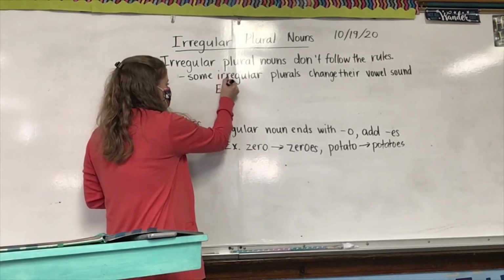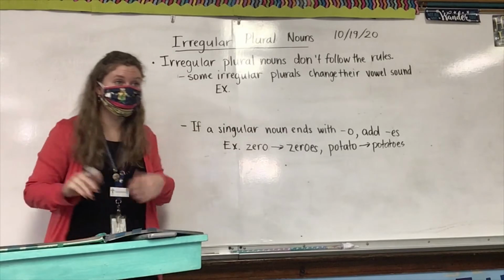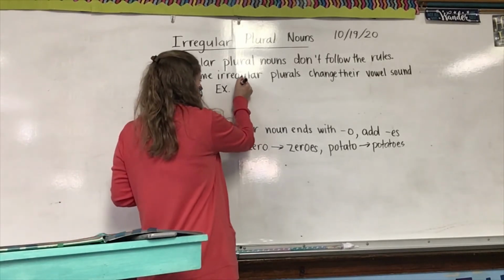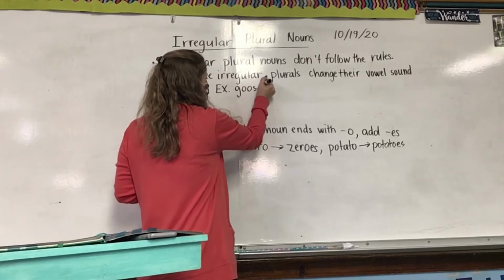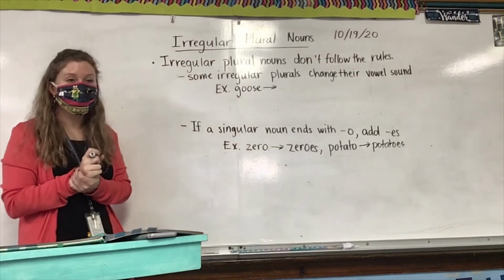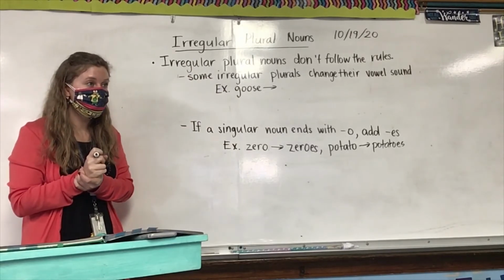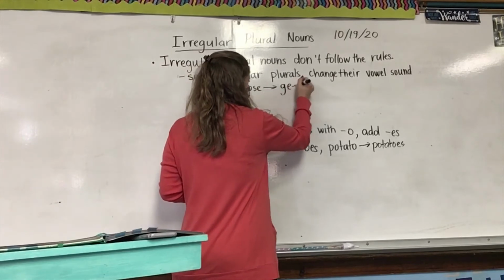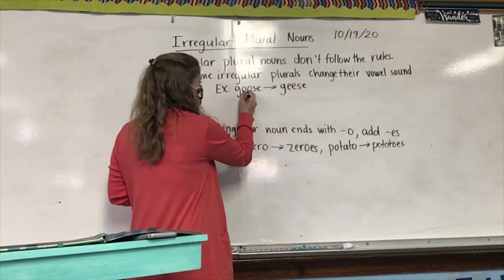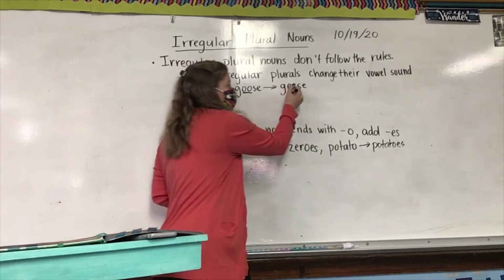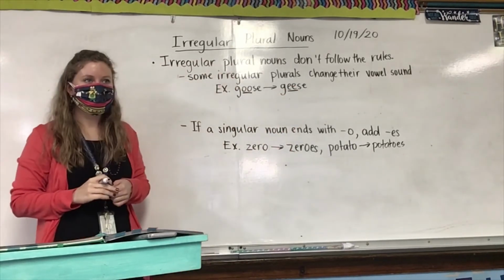So some irregular plurals change their vowel sound. For example, there's really no way to know which ones they are other than to memorize. Goose, G-O-O-S-E, does not become gooses like we would think. It becomes geese, G-E-E-S-E. So that oo sound made by the two O's becomes an E sound made by two E's.